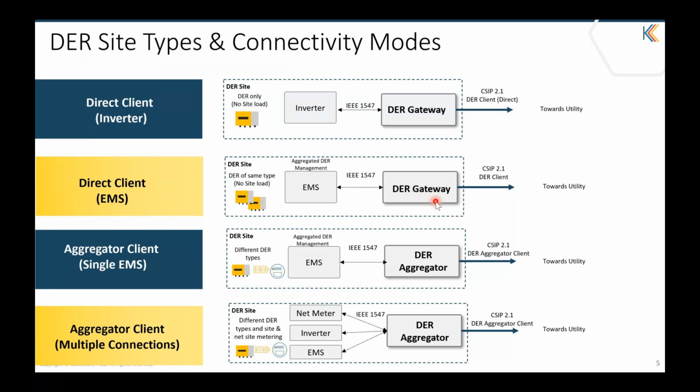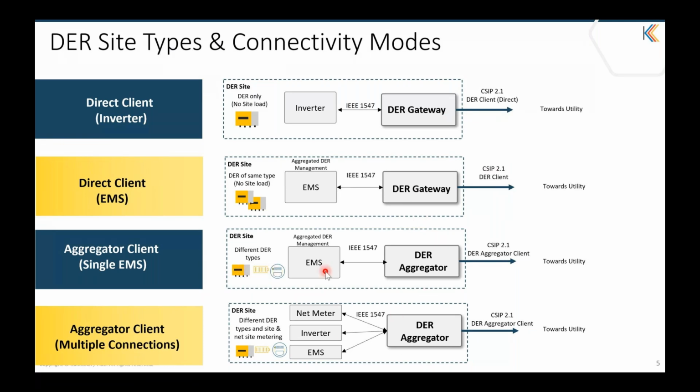And it could be a direct connection from an EMS, the energy management system. An energy management system can have multiple DERs of the same type connected to it, and the EMS can directly expose data to the utility on 2030.5, either directly or through a gateway. So these are two direct interconnection options, and there's an aggregated interconnection option as well.